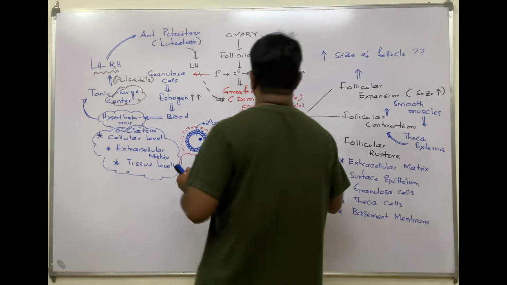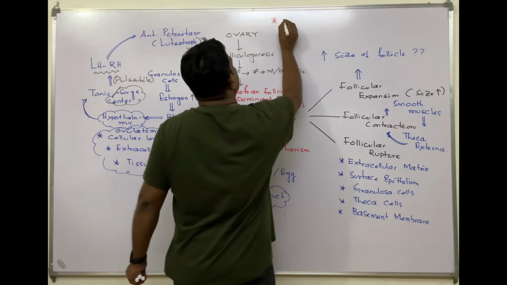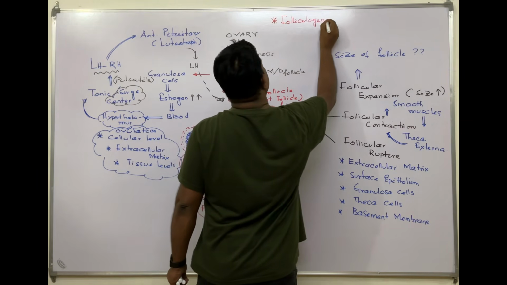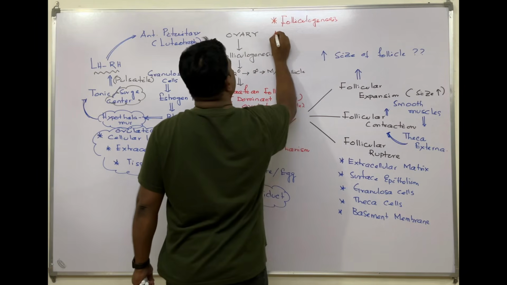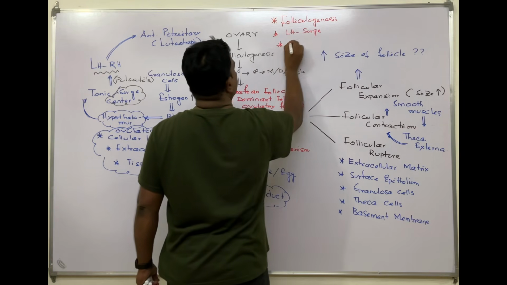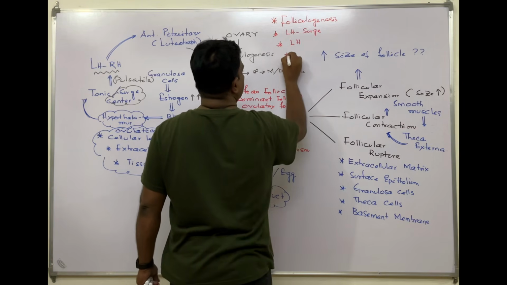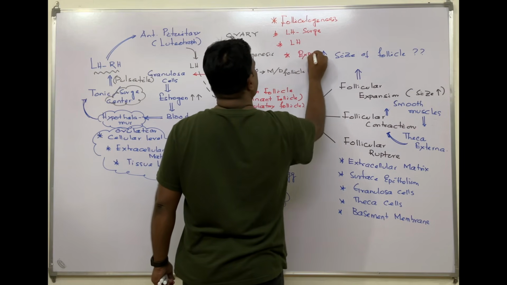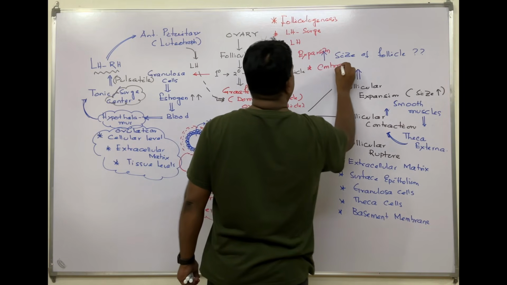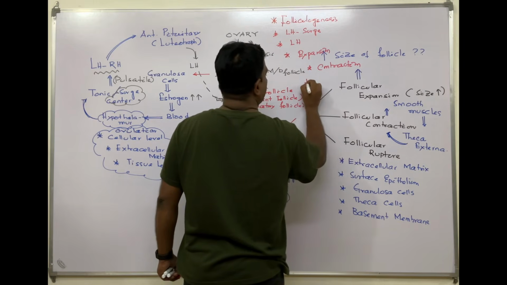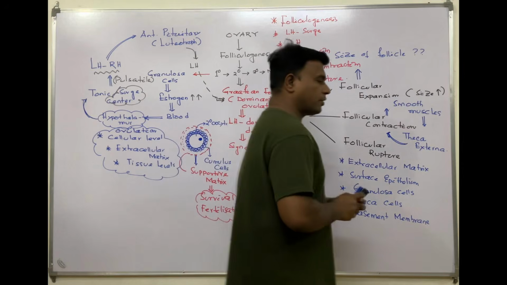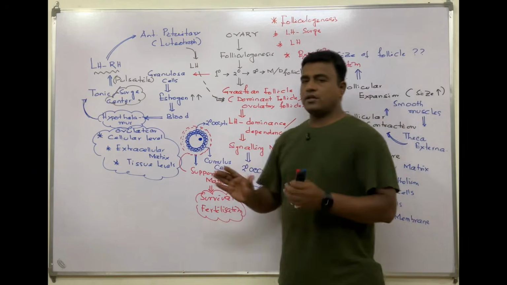The final 4 points are the 4 stages: folliculogenesis, complete folliculogenesis, then LH surge, then secretion of LH, then the follicles undergo expansion, then the follicle undergoes contraction, and finally the follicles undergo rupture. So with this, the master flow chart for foundation is over.